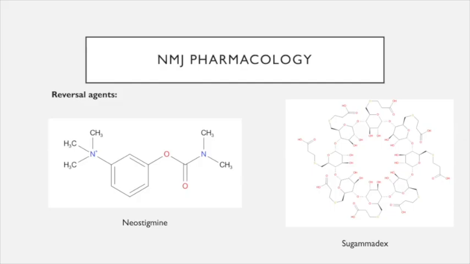But you can give it, for example, in the scenario I talked about, when you've reversed the patient, you've given neostigmine, you've given glycopyrrolate, and you still feel that the patient is not well reversed, they are not breathing as well, they just feel weak. In that case, giving sugammadex after that might be a better thing to do.